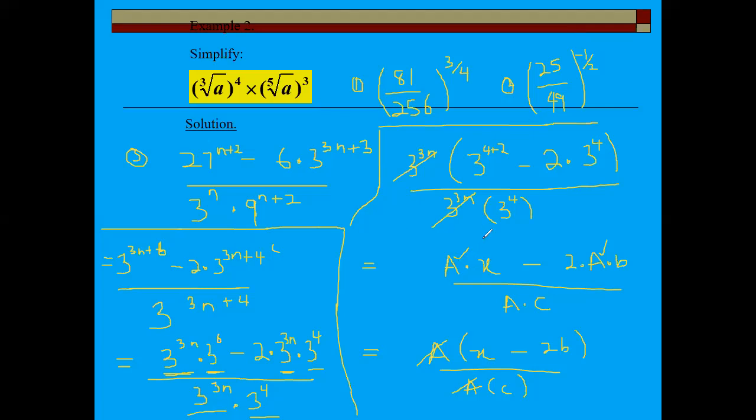If you have a times x minus 2a times b, there is a common term which is a here and a here, so you can bring that outside. Then if you have ac, a is also common, so bring that outside. Once you have common terms, you can cancel them out. A goes into a 1 time. The same way, if you have 3 raised to the power 3n and 3 raised to the power 3n, 3 raised to the power 3n will go into 3 raised to the power 3n 1 time. Okay, sir. Thank you.